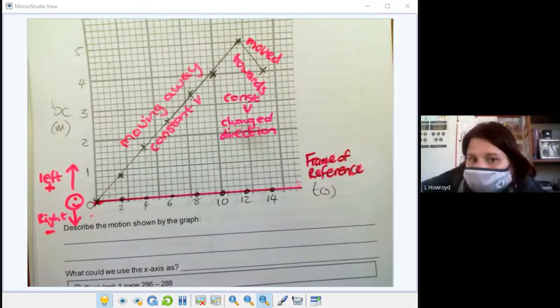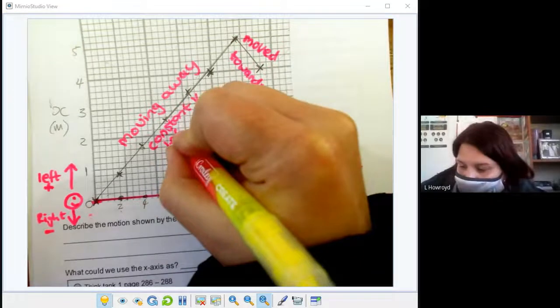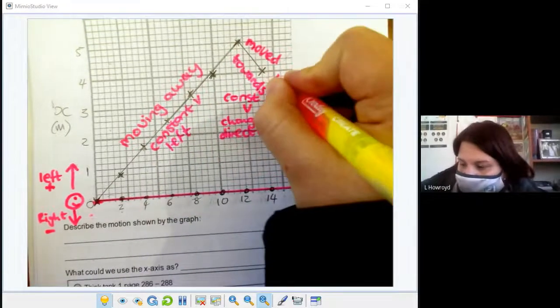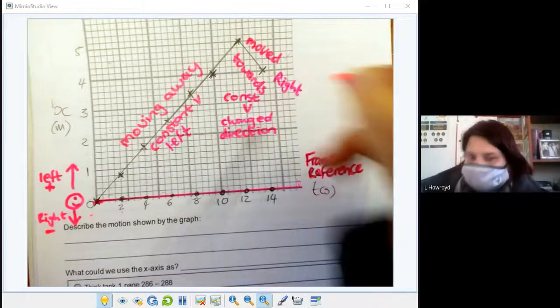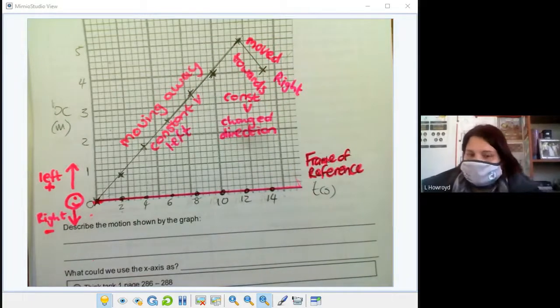Okay, this is going left. This is going right. But can you see that it is still on the left of the frame of reference?